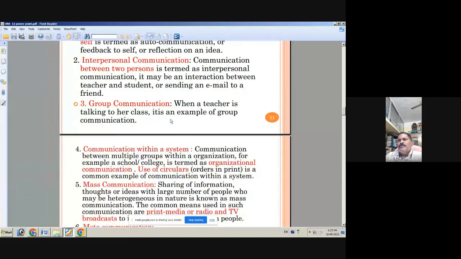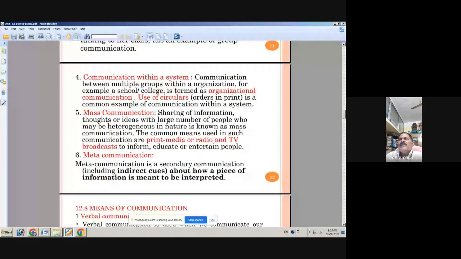Communication within a system. Why do we say there is a system? Think about schools and colleges. Schools and colleges are organized. A school is an organization. So whatever communication we have to give, we must use circulars.